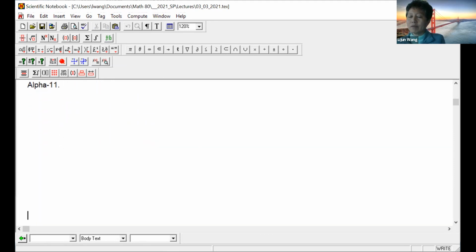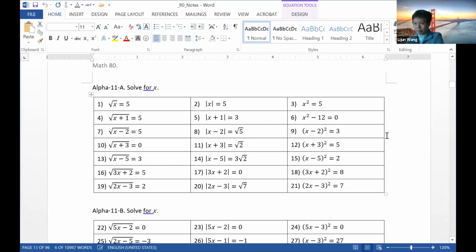What is alpha 11? If you see the setup of alpha 11, I'm going to show the screen of alpha 11. Knowing every one of you has that in front of you, I'm going to make some points on alpha 11. On alpha 11, you can see the top.